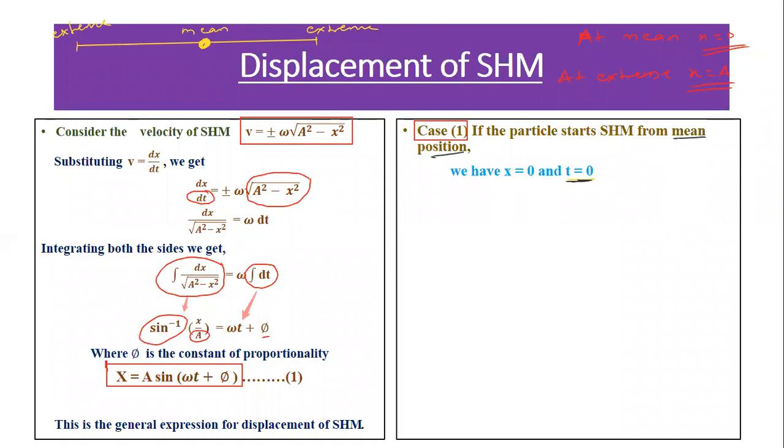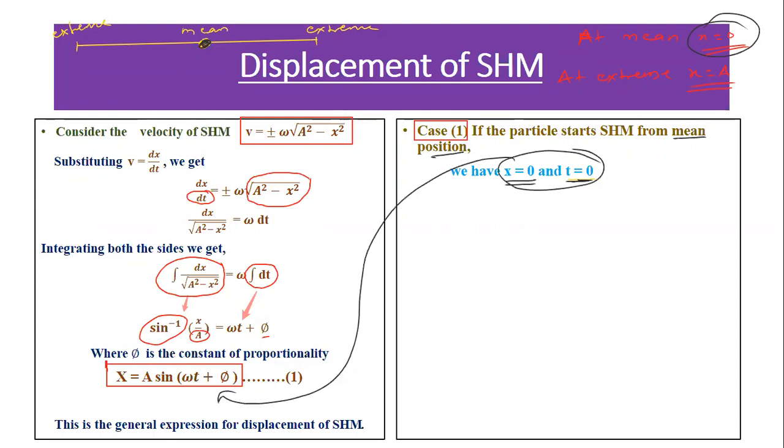At mean, x is 0. So when time is 0, x is also 0. Then we substitute that x and t in the formula of displacement, and whatever formula we get is the formula of displacement when the particle starts from the mean position.